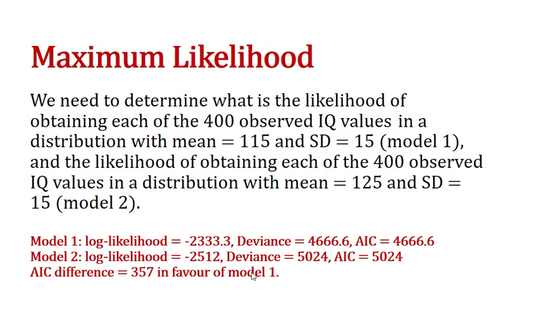Well, how likely is that value of 80 in a distribution with mean 115 and standard deviation 15. So that's a probability. And we do that for all the 400 observed values.